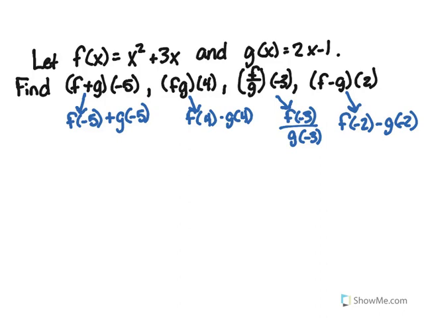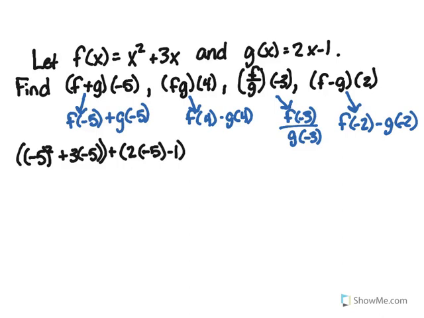So if we have x squared plus 3x, and instead of x, we have negative 5, we are going to have negative 5 squared plus 3 times negative 5. And we're adding this to g of negative 5. So we're going to have 2 times negative 5 minus 1.